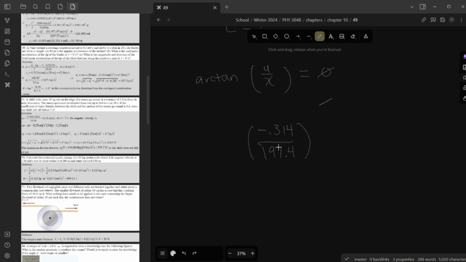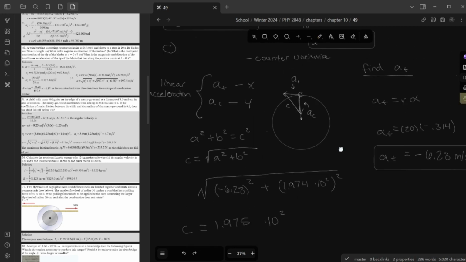pretty sure it was when our x is negative, we had to add 180, but it's not, so we should be okay there. And let's go ahead and calculate this and see what we get. Ooh, wait, let me just be careful here.